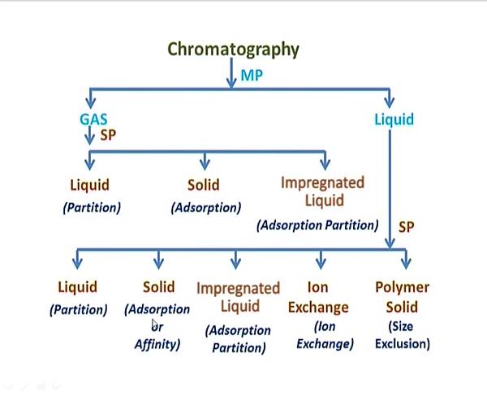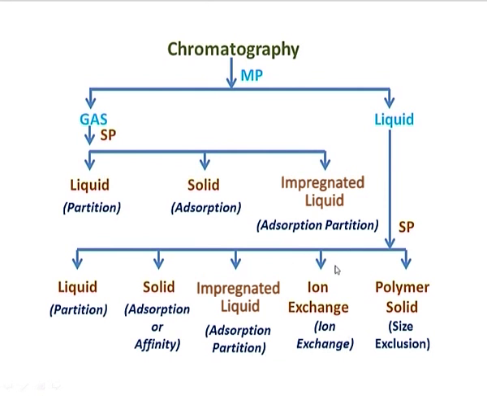It can also be called affinity chromatography based upon the nature of the solid, and as we progress, I'll tell you the difference between adsorption and affinity chromatographic methods. Again, if the liquid is an impregnated liquid, it would be called liquid-liquid adsorption partition chromatography.